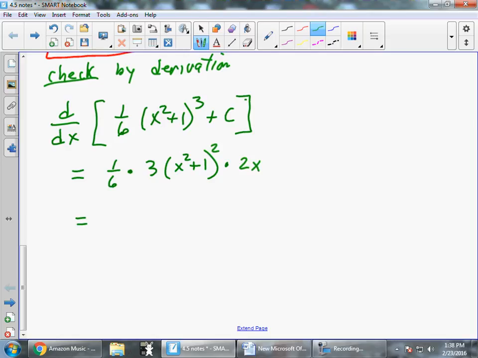Keep going, Ian. You're on a roll. No, be careful. 1/6 times 3/1. 3/6 times 2x times x squared plus 1 squared equals, boom!